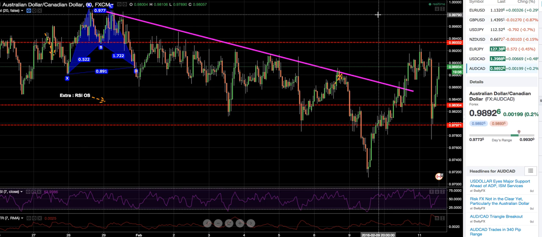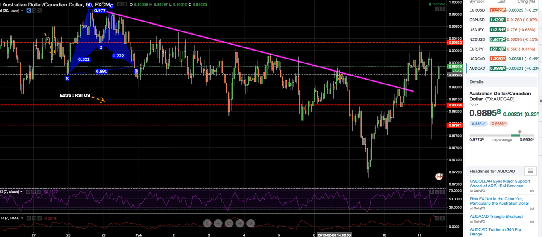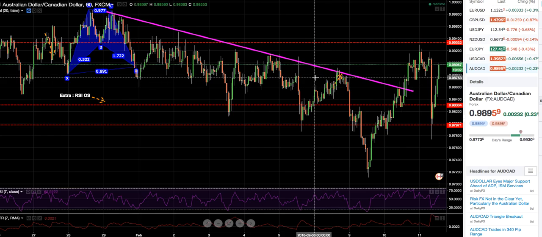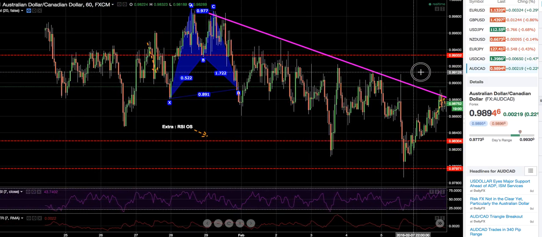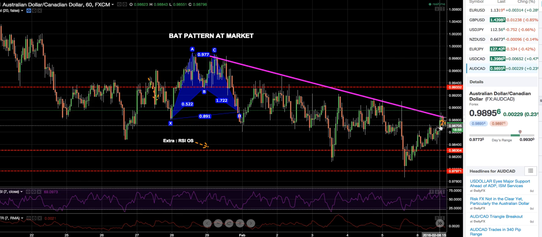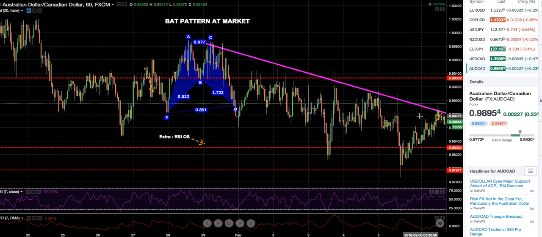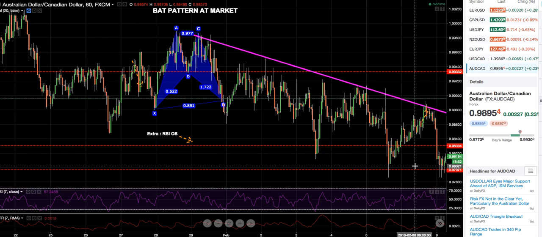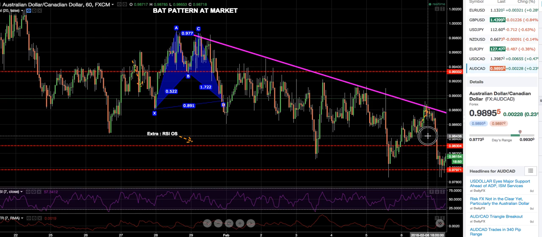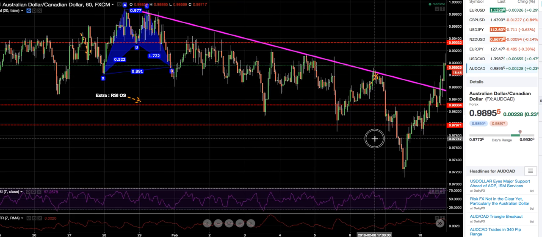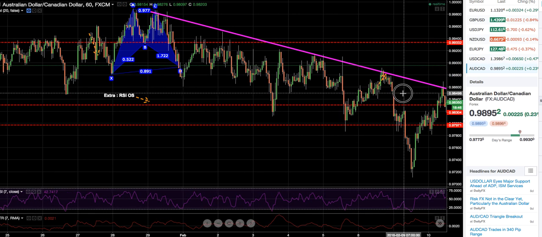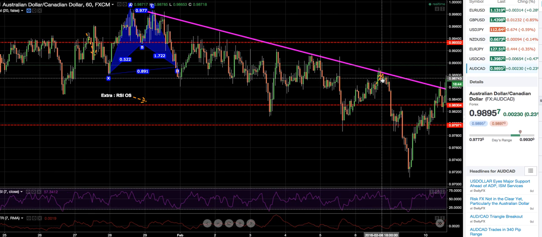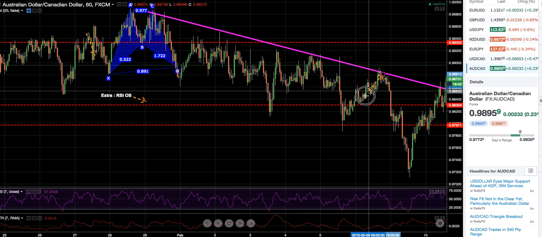Or were we here? Yeah, we were here, I believe. Same thing. We did respect the slope, came back down into that level, and we just did it again right here, right? So yeah, I believe we were here because of the arrow.